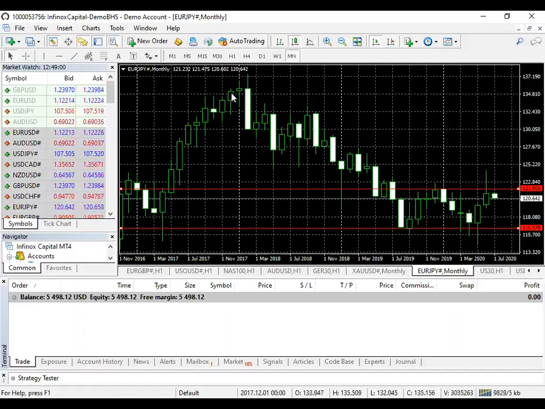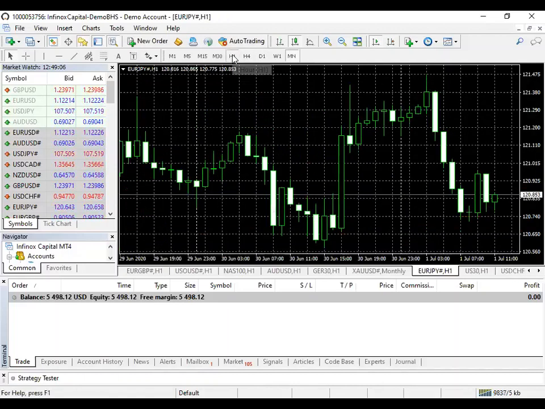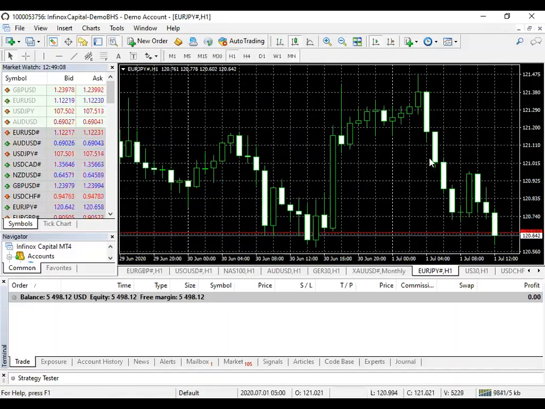Okay, so I check my lower time frame. Let me check my H1 and let's see what it's doing. Okay, so this is my hourly time frame, and you can see a big drop since this morning, because we are at 10 a.m. already, and this is about 9 hours of drop.